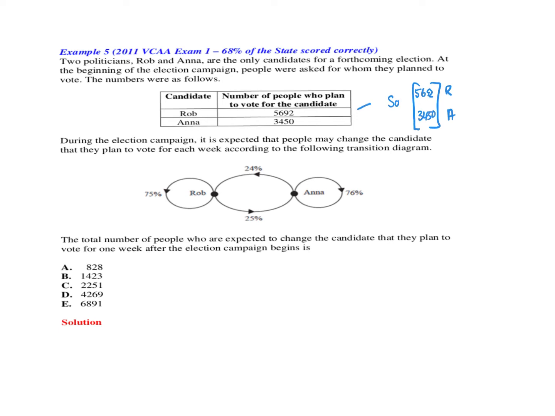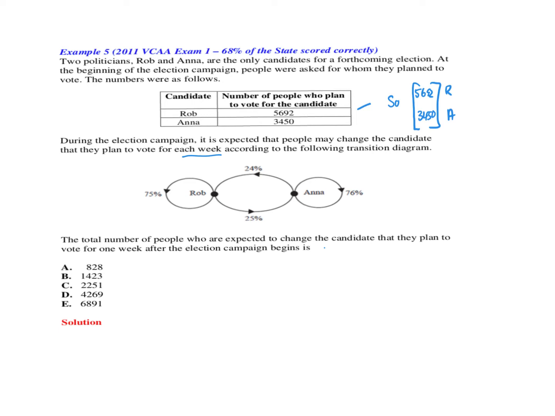During the election campaign, people are assumed to change using this transition each week. The total number of people who are expected to change the candidate they planned to vote for 1 week after the election campaign is... So we've got to look at who's changing.